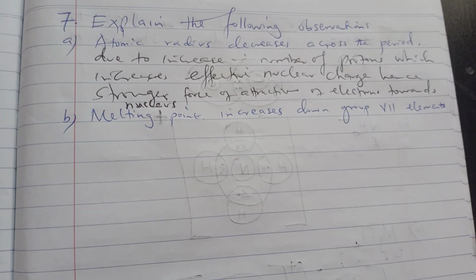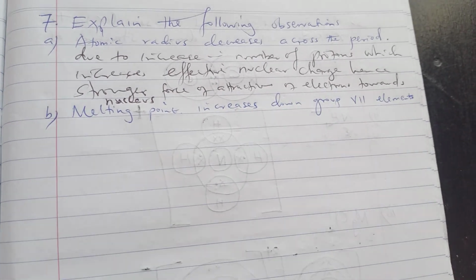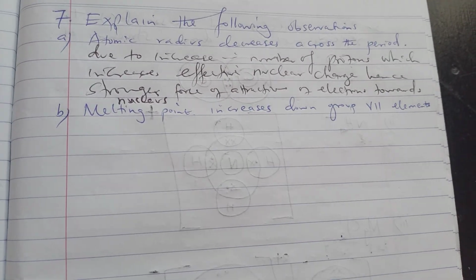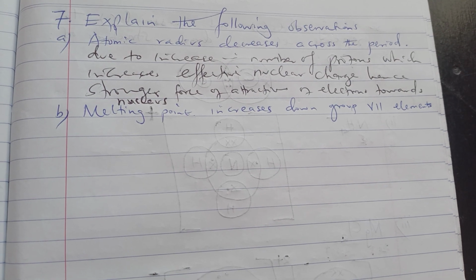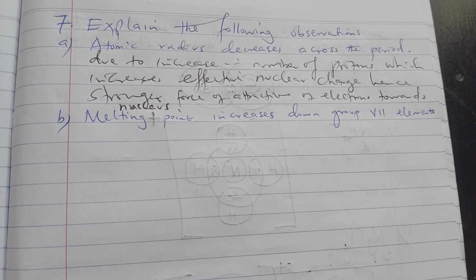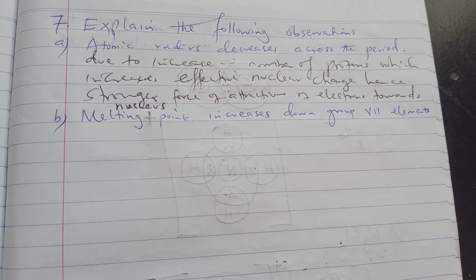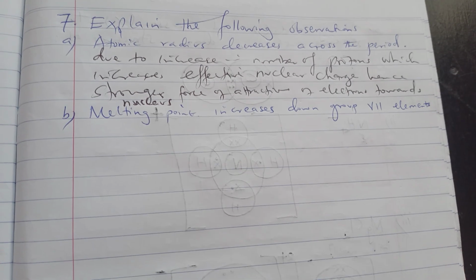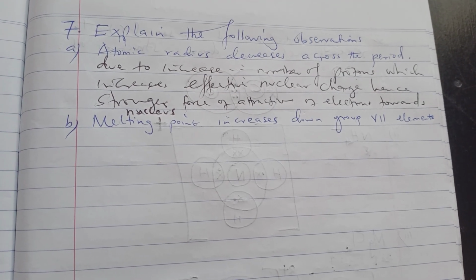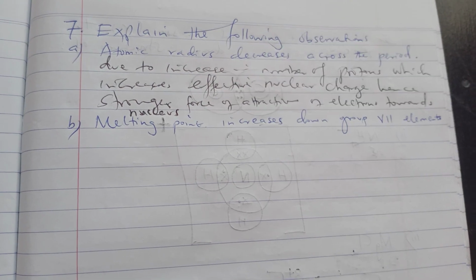Then we go to melting point increasing down group 7 elements. And the reason why, if you look at fluorine, is the smallest. As you go to chlorine is bigger, bromine becomes bigger, even bigger than what? Chlorine and fluorine. And the reason is because as you move down the group, the molecular sizes of these elements increases.